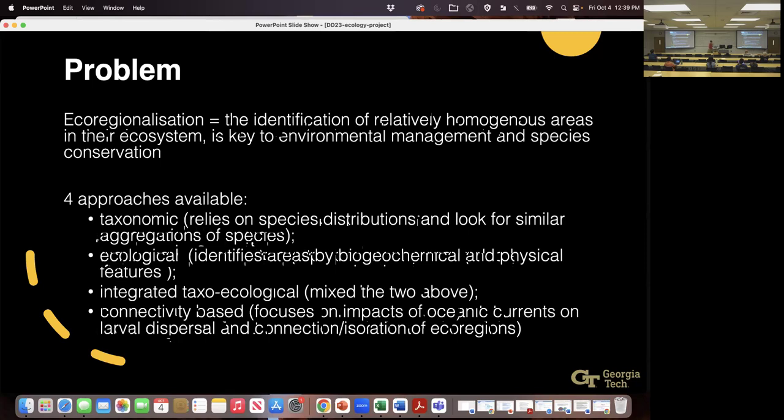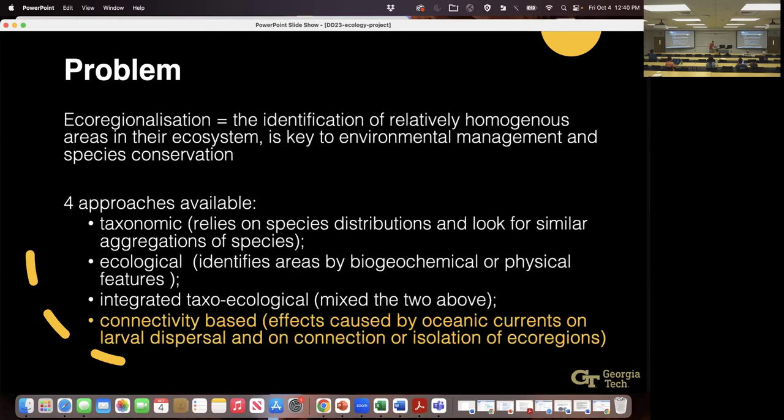The last one is the only one where you can get rid of the in situ observations, at least in part, because you can think of doing it with models. And there has been a lot of effort, especially since Lisa Levin from Scripps, really famous oceanographer there, like 10 years ago came out saying we really need to map connectivity because that's the only way we can put forward measures to try to preserve some of those ecosystems.